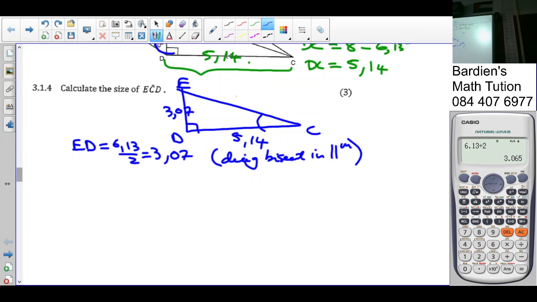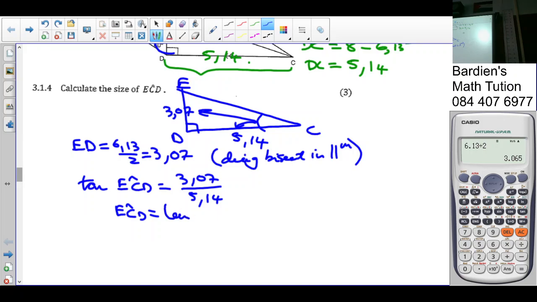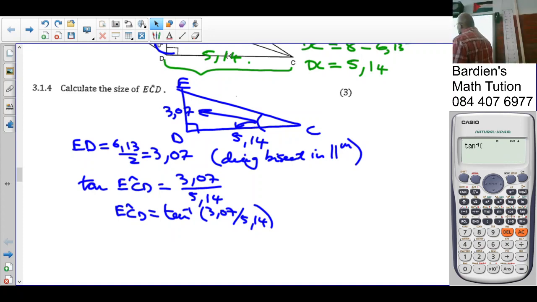So, which trigonometric function uses opposite and adjacent? Tan. So we say tan of ECD is equal to 3,07 divided by 5,14. So ECD is equal to arctan of 3,07 over 5,14. Arctan of 3, I think that's the answer calculated.